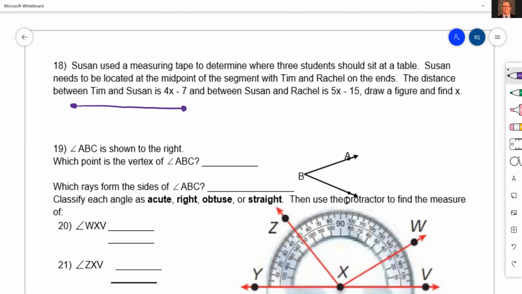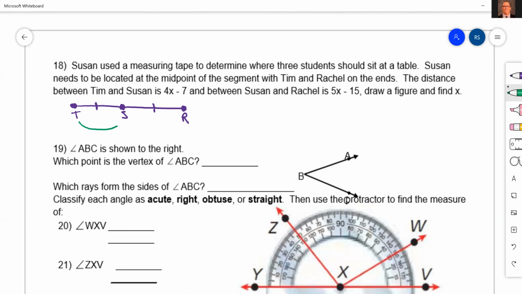Susan needs to be located at the midpoint. So I'm going to put a point in the middle. This is the midpoint, which means these are the same here. And Susan has to be in the middle. Tim and Rachel are on the ends. The distance between Tim and Susan is 4x minus 7.